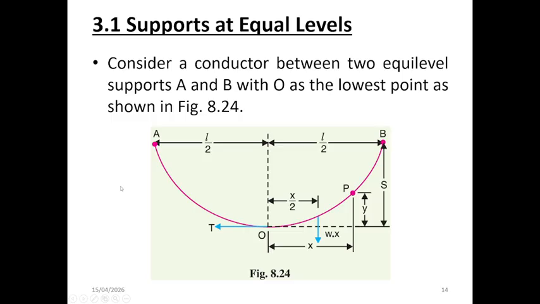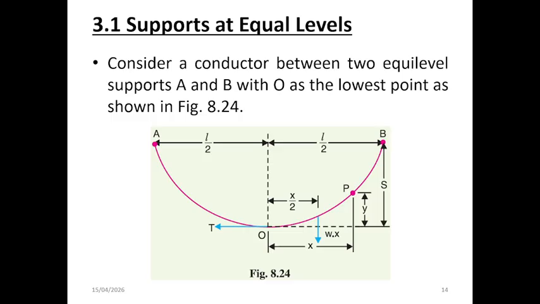The tension varies along the length, being minimum at the lowest point O and increasing toward both supports. So at any point P on the conductor located at horizontal distance x from O, the vertical sag y and the weight component W times x influence the tension.